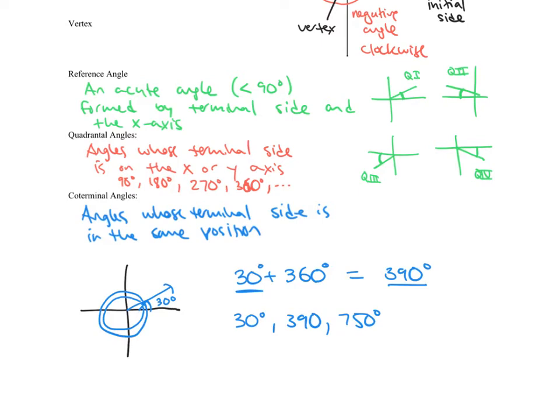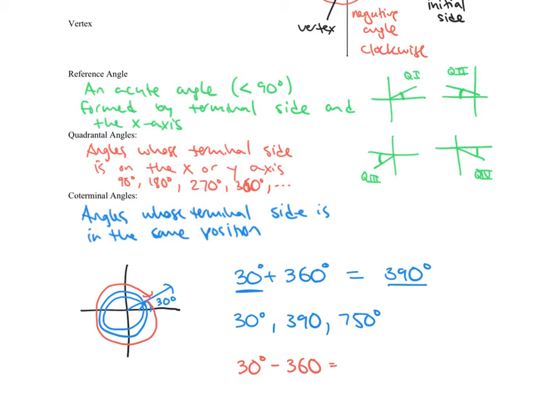I also could have gone in the negative direction. So say I started at 30 degrees and instead of swinging around in the counterclockwise direction, if I do 30 degrees minus 360, I swing down and around, I would still end up in the same position.